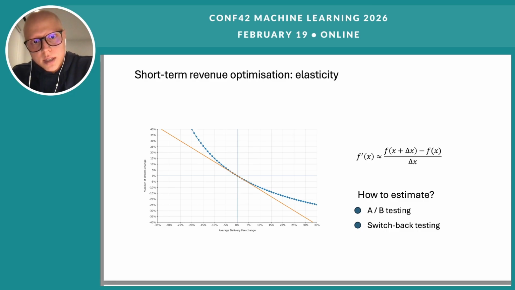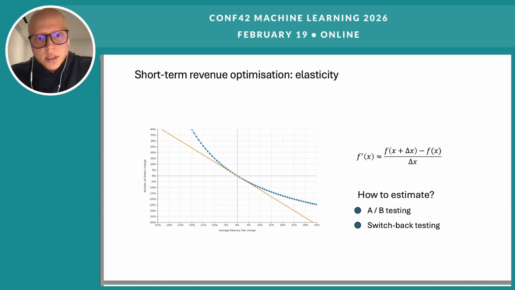So that relationship is, as I already mentioned, obviously monotonically decreasing, which means that the higher the delivery fee you have, the lower is the number of orders that are going to be made on your platform.